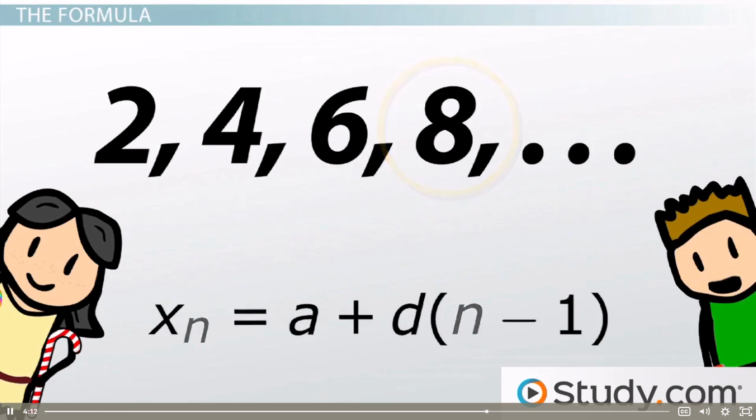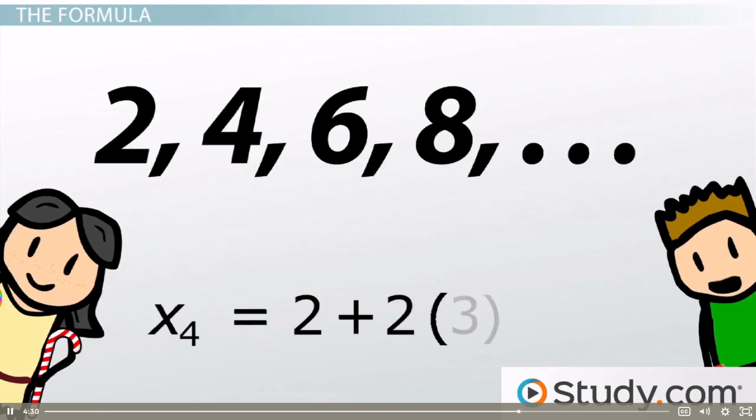We plug in 4 for n since we are looking for the fourth term, 2 for A since our sequence begins with a 2, and 2 for D since 2 is our common difference. Plugging all this in and solving for x, we get 2 plus 2 times 4 minus 1, which is equal to 2 plus 2 times 3, which is equal to 2 plus 6, which equals 8. Hey, look at that, we get 8.